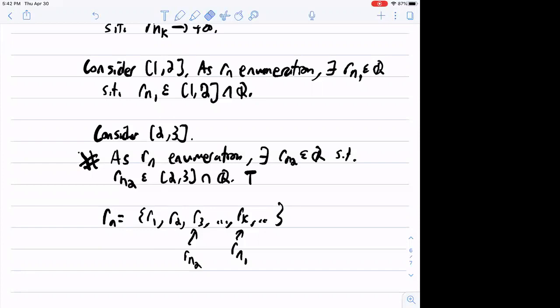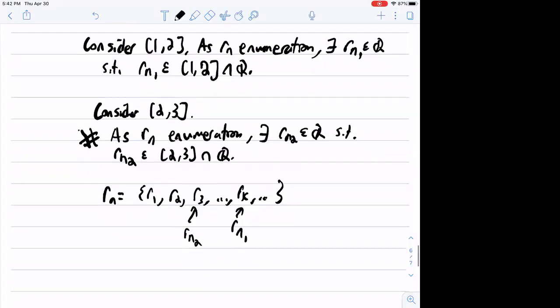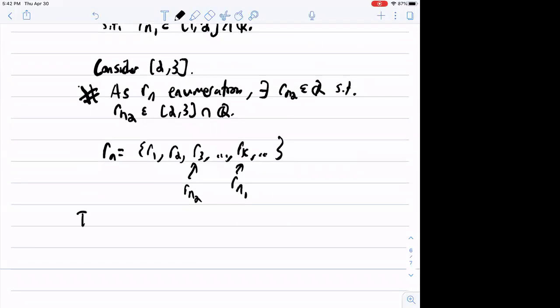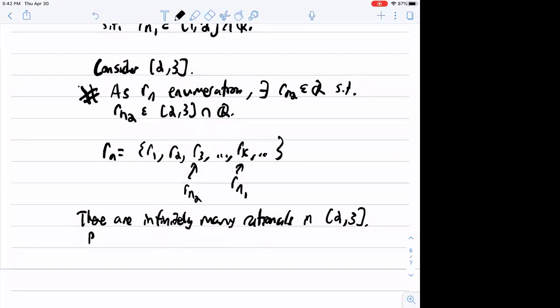So let me write it the right way. There are infinitely many rationals in (2, 3), but the set r_1 to r_{n_1}, whatever n_1 is, is finite.